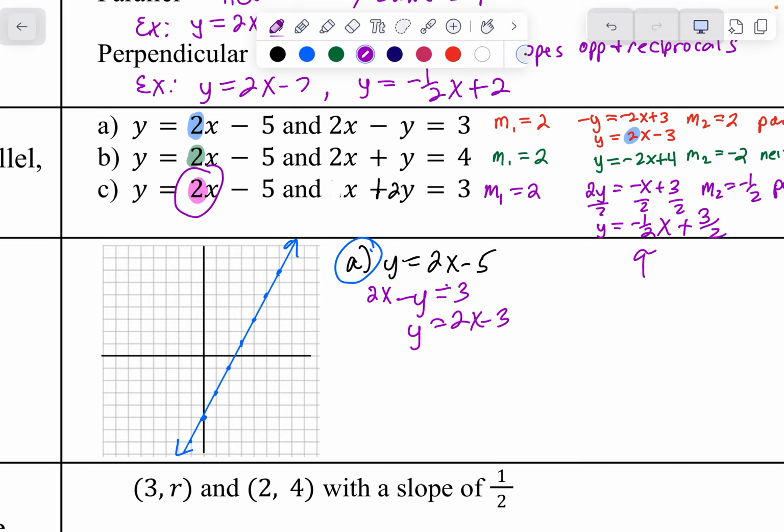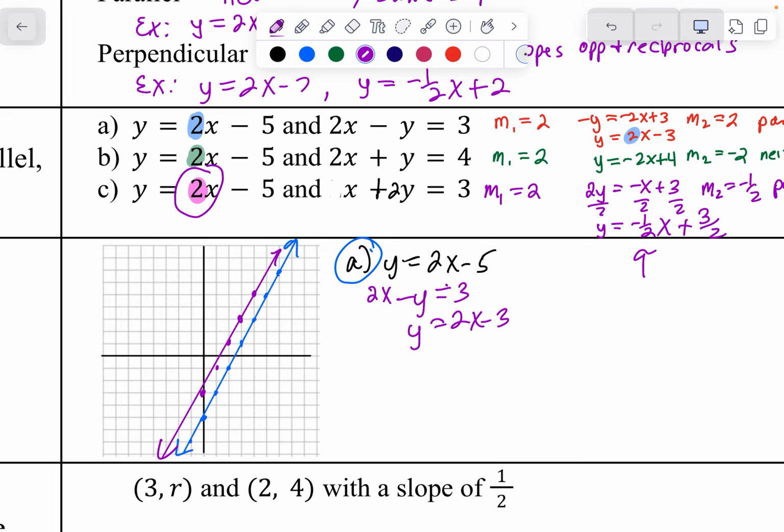So we go to the y-intercept on the y-axis, we hit the point 0, -3. Then we count up 2 over 1, up 2 over 1, because we have a slope of 2. And indeed, when we graph them, you can tell that they are parallel like we expected. They should look like little railroad tracks, and that's a good way to see that we are right.